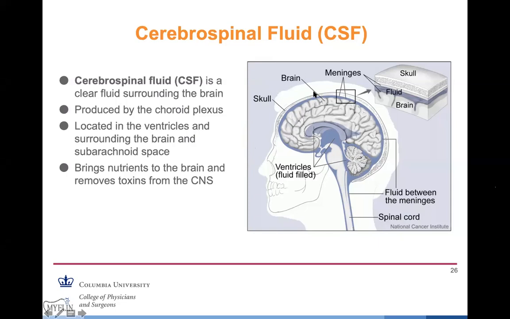And so this network of ventricles is very, very important to the brain. And they also bathe the spinal cord. Remember, you can see that this is the lower brain or the brainstem, which is continuous with the spinal cord. And you can see the cerebrospinal fluid also bathes the entire spinal cord.